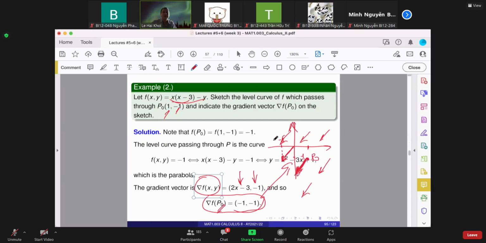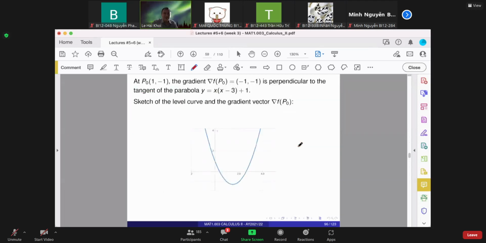And don't care what the level curve is. We know that the line perpendicular to the gradient vector at the point P0 must be the tangent line to this parabola, right? Which is the level curve. So we should be sure that. Then you see this one, negative 1 and 1 here, this P0 (1, -1), and you see you have this tangent line and that one.